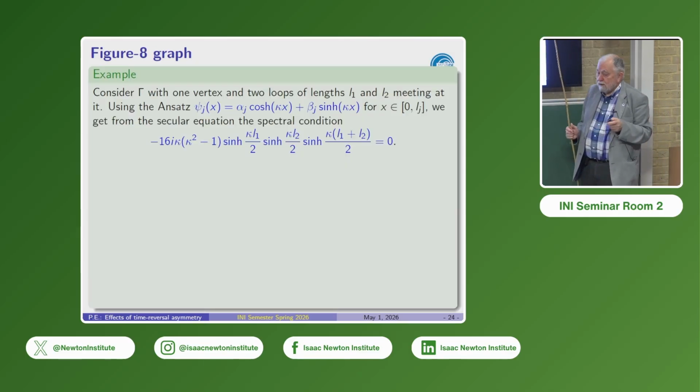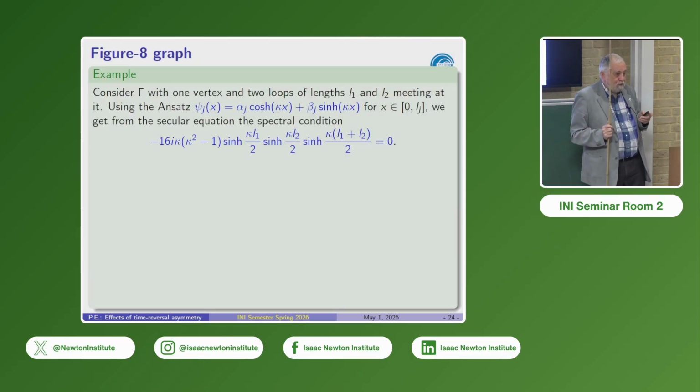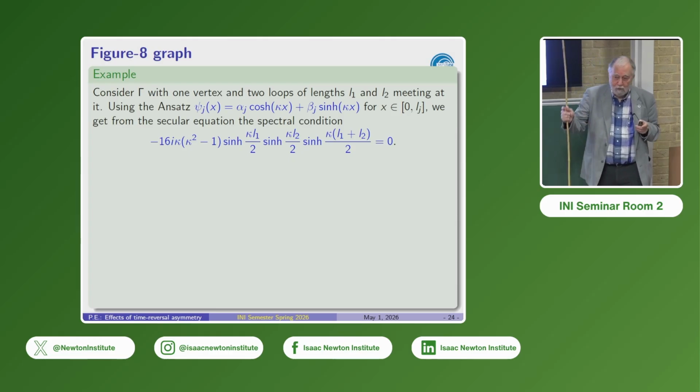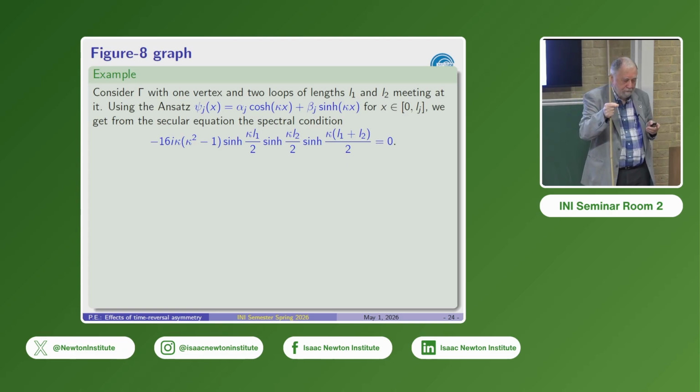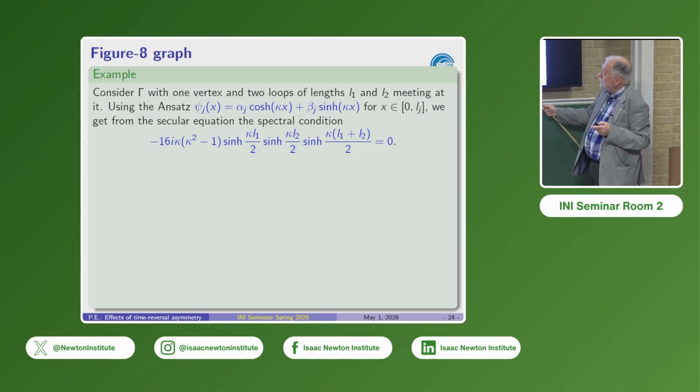Now, an important example. You take a graph which has the form of an 8, just 2 loops, one vertex of degree 4. The lengths of these loops, L1 and L2, are in general different. For negative energies, again, the ansatz for the solution is a linear combination of hyperbolic cosine and hyperbolic sine.